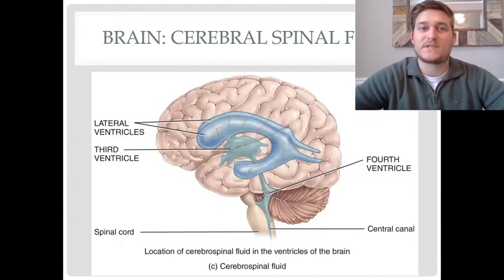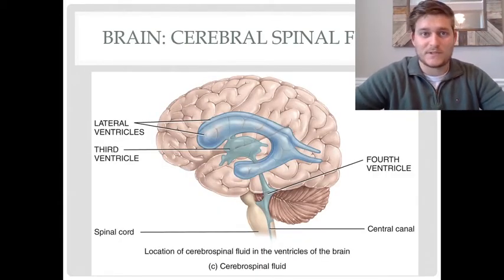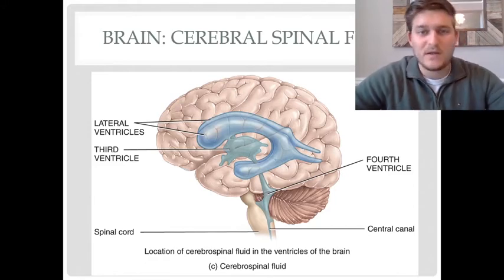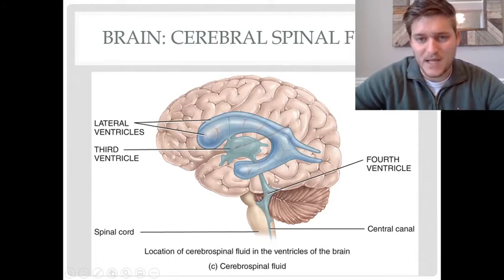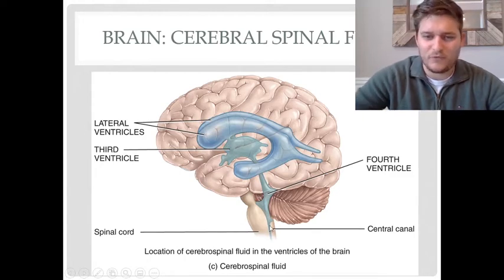Throughout the central nervous system, you will see the circulation of what's called cerebrospinal fluid. The fluid is created in the choroid plexus of our four ventricles: two lateral ventricles, the third ventricle, and then the fourth ventricle.